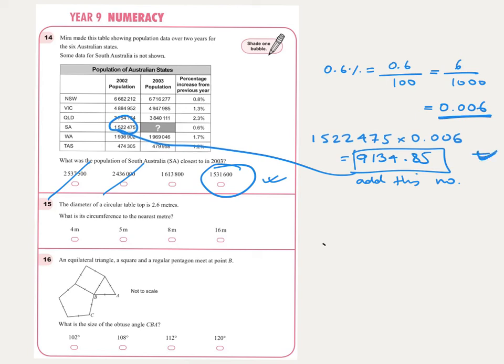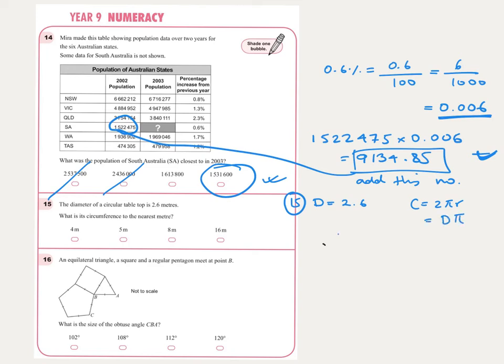So the next one, question 15: the diameter of a circular tabletop is 2.6. What is its circumference to the nearest meter? So circumference is 2 pi r, or diameter times pi.